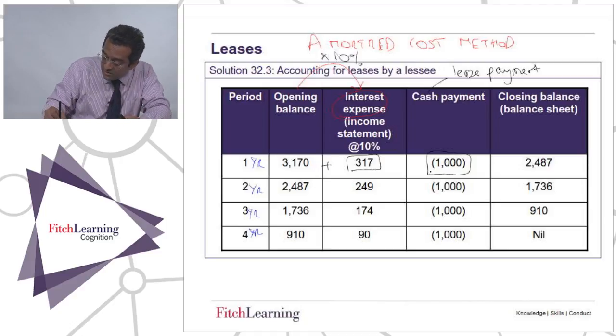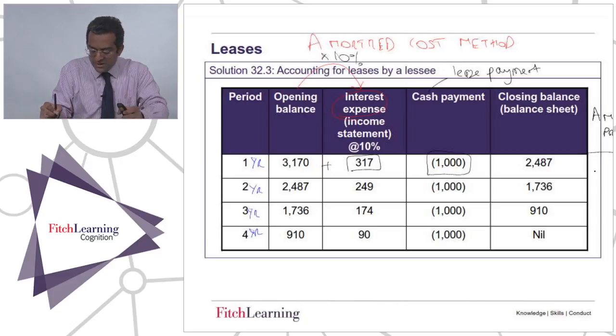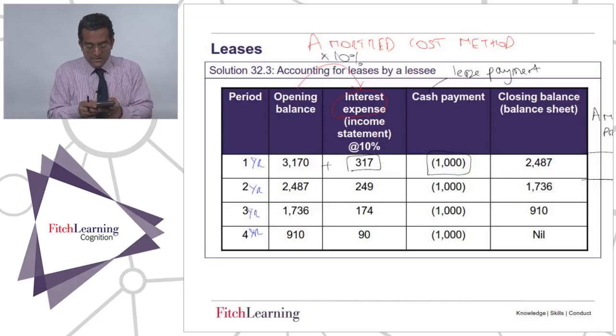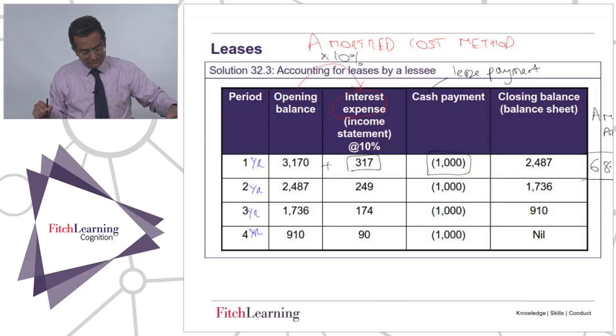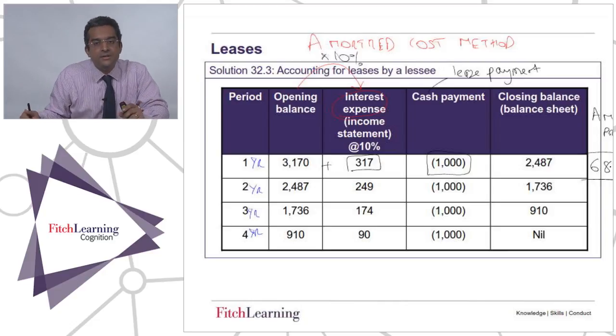In this case, if I just say, what is the amortized principal, can we see that's going to be the difference between 317 and 1,000? Yep. 317 and 1,000. So basically, amortized principal will be 683 coming off the liability. And we can do this again and again.